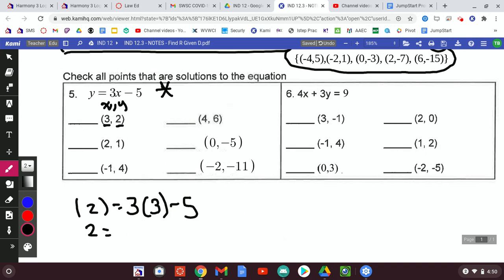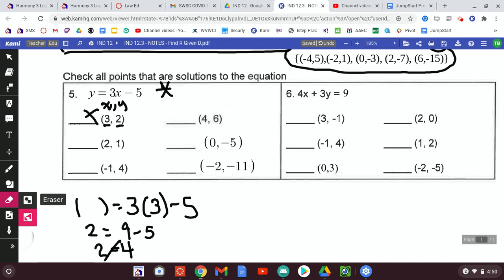There's nothing over there to do, so that just stays a 2. 3 times 3 is 9 minus 5, and 9 minus 5 is 4. Does 2 equal 4? No, it does not, so that is not a solution. So now let's check the point (4, 6). Well, I'm going to do the same thing, only this time in the place of y and x, I'm going to place the point (4, 6).